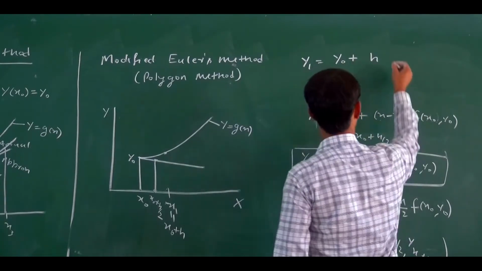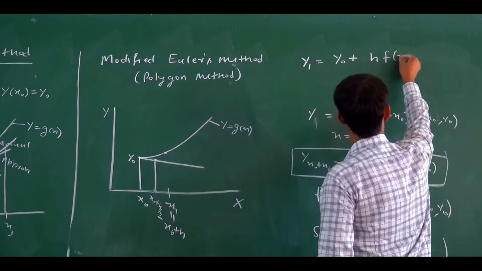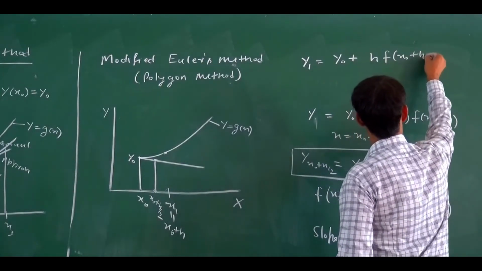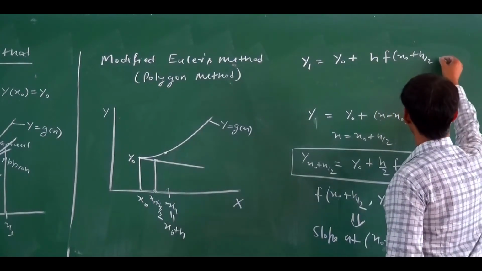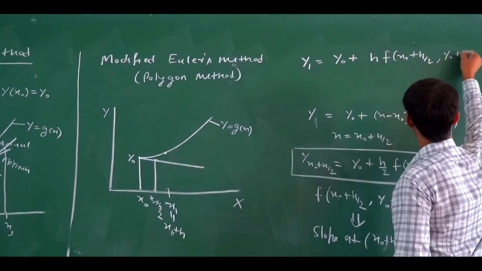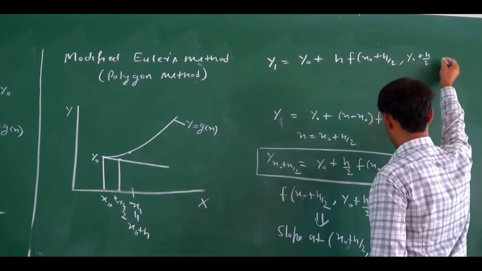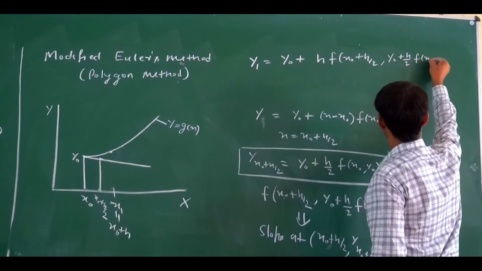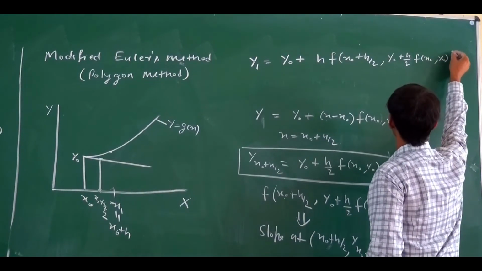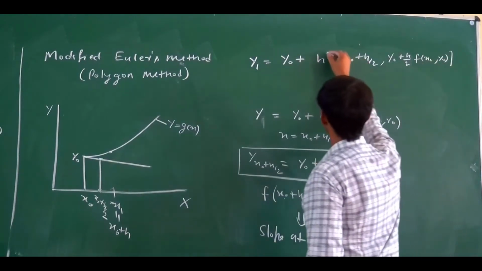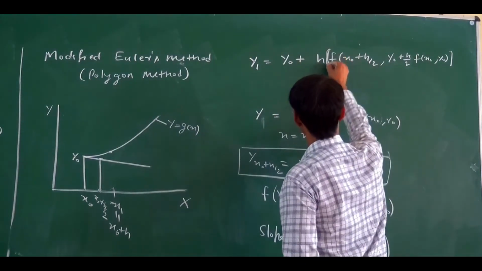The slope is f of x0 plus h by 2, y0 plus h by 2 f of x0, y0. This one is a slope.